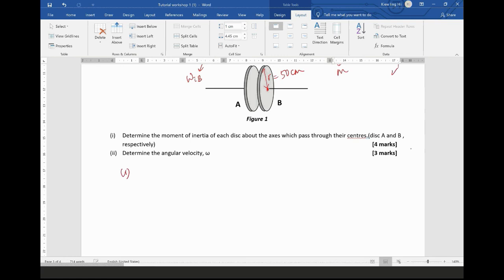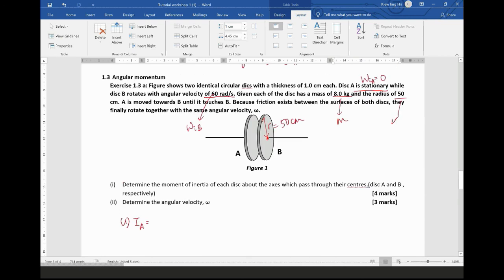So the moment of inertia of your disk A equals the mass of A. Sorry, this is a disk. What is the shape? It actually falls under the category of solid cylinder. The moment of inertia of a solid cylinder is given by half m r squared.